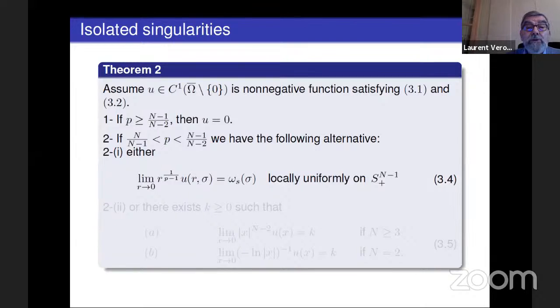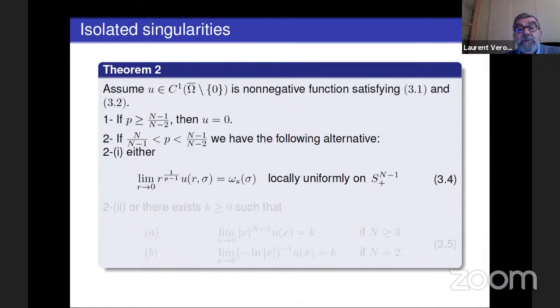Now, I look at the problem of isolated singularity. I consider a function u which is in C1 of omega bar minus 0. I suppose it is non-negative.